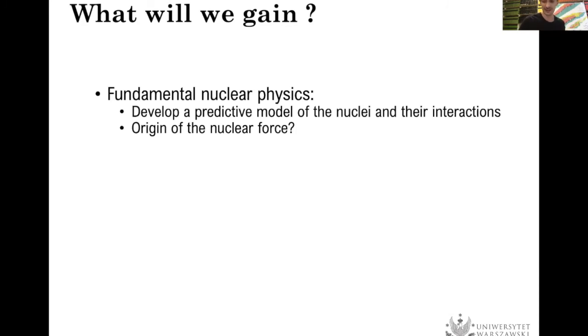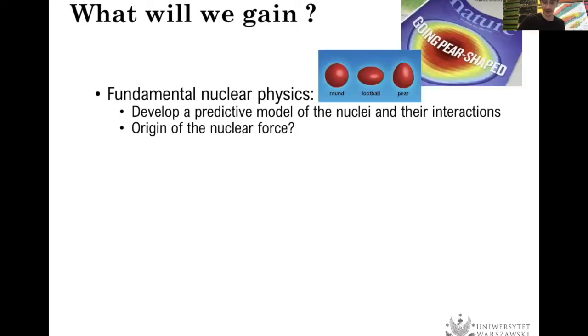The next step that we can reach once we have a predictive model of the nuclei is to study the shape and the properties of the nuclei, which will have influence on how they interact with each other.